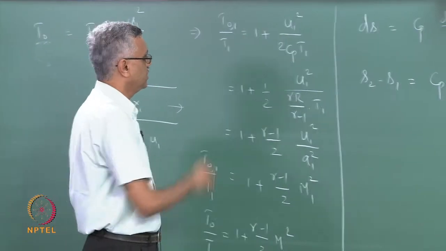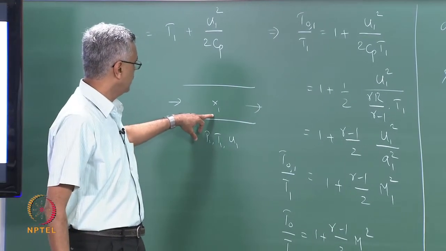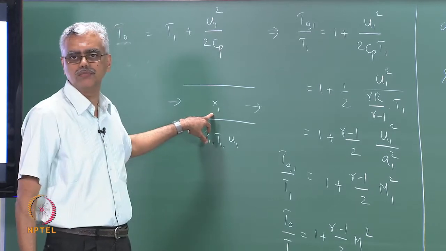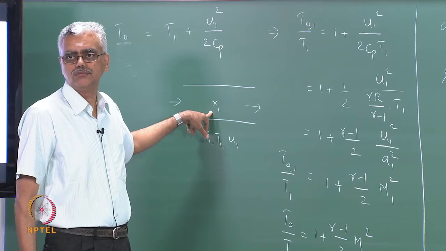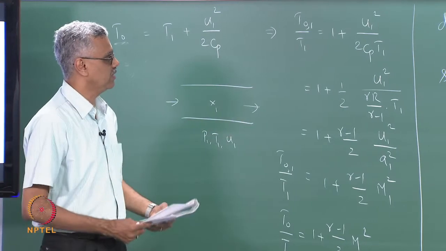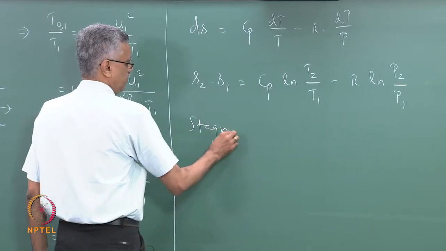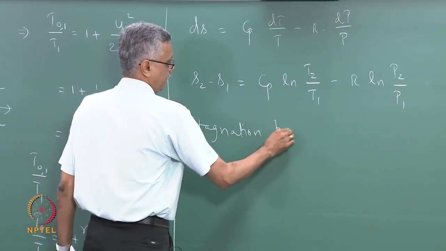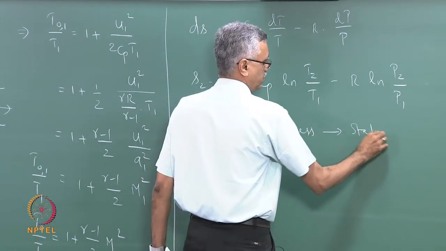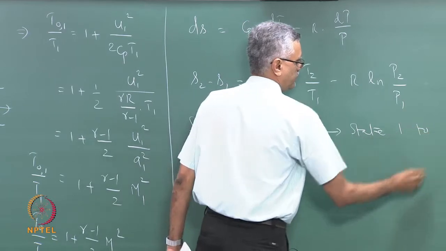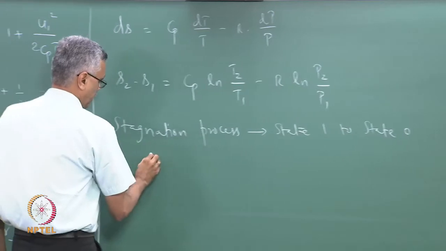Now if I apply this equation between state 1 and state 0, in the stagnation process we are going from state 1 isentropically to state 0. So the stagnation process takes us from state 1 to state 0 isentropically.